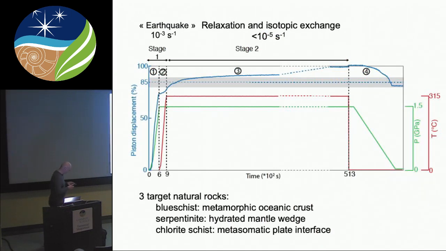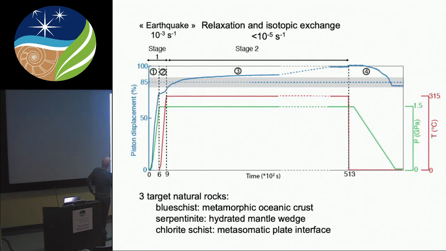So here is a summary of what happens during the experiments. We show here piston displacement, the pressure, and the temperature. So as we increase the pressure at ambient temperature, we have a lot of piston displacement, which means a lot of the deformation that we see on the capsule actually occurs during the compression, and this may be viewed as a type of very fast deformation akin to what you would have in an earthquake or a slow slip event.